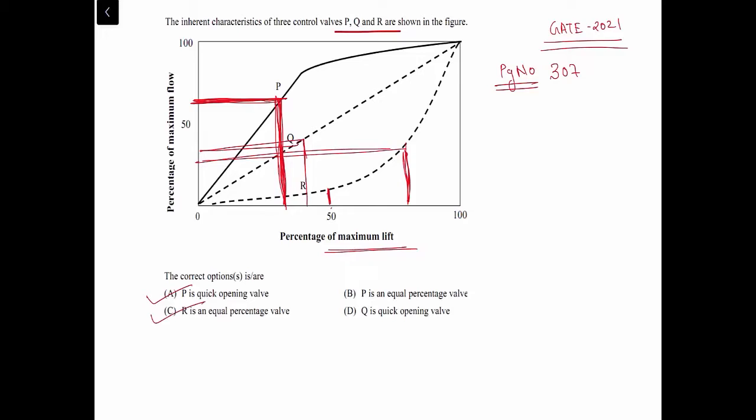As you are moving forward, for the same change, slowly there is an increasing sensitivity. So R is an equal percentage valve. So both answers A and C are correct.